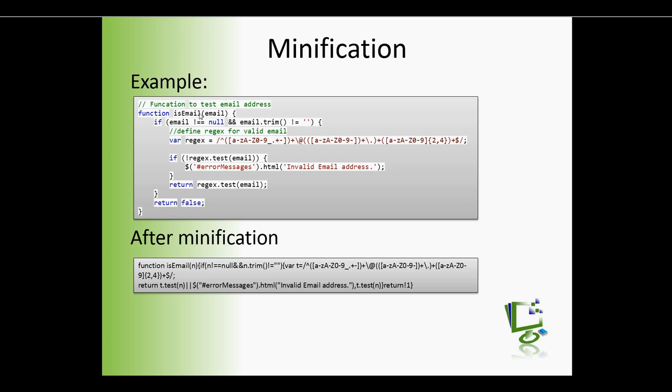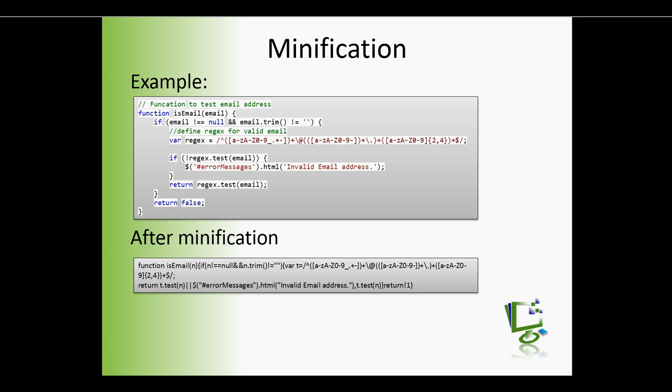Here we can see that the email parameter is renamed as n and the regex parameter is shortened as t, and the comments, white spaces and new lines have been removed. So this minified version is much smaller as compared to the unminified version of this function. This is how minification works.